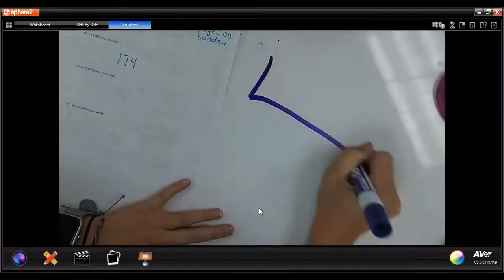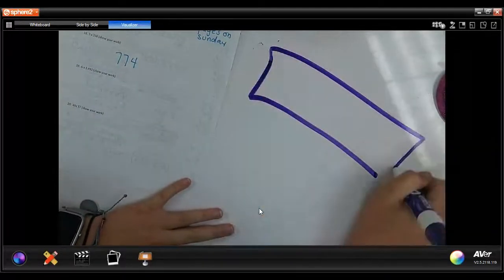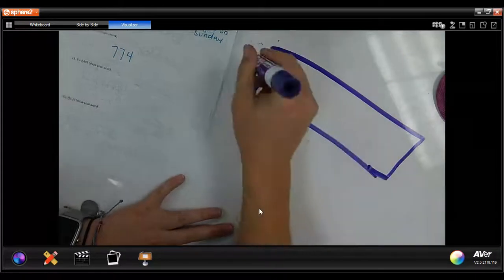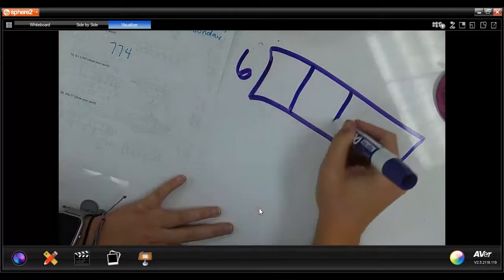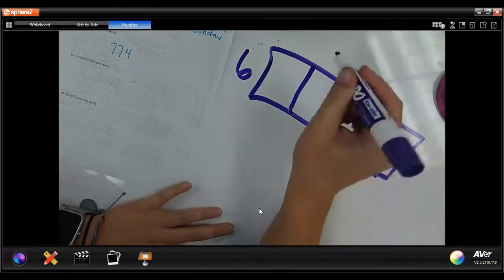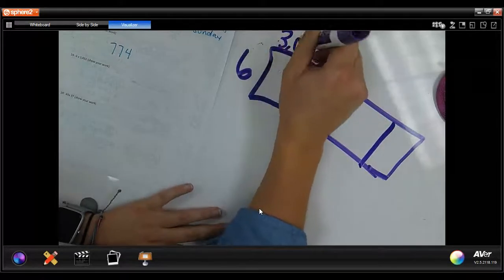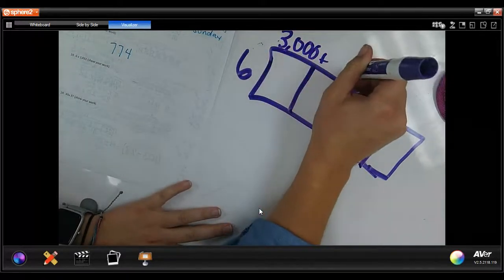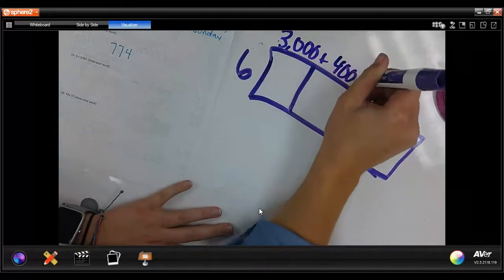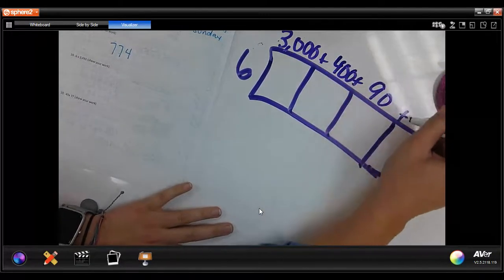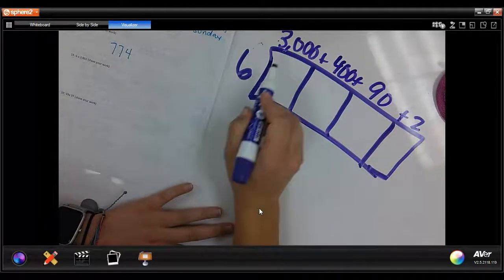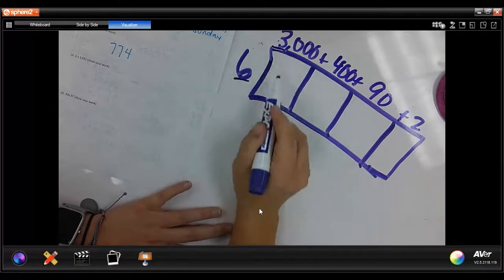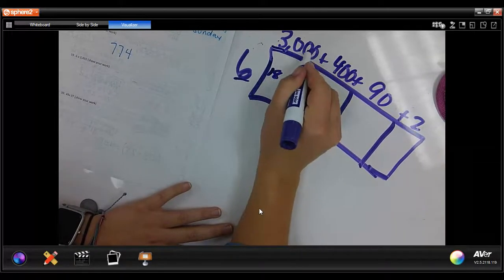I'll draw a 1 by 4 array. 6 on the side, by 3,000 plus 400 plus 90 plus 2. 6 times 3,000, 6 times 3 is 18, and I need 1, 2, 3 zeros.